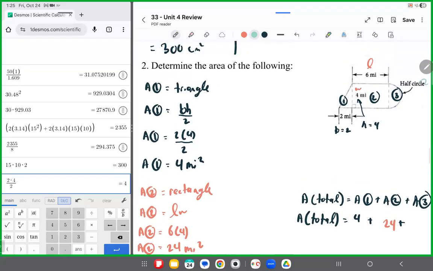The last one is the half circle, right? So for the area of a half circle, that formula is going to be pi r squared, and then we just divide it by 2 because it's half of a circle. The only thing we need here is the radius.